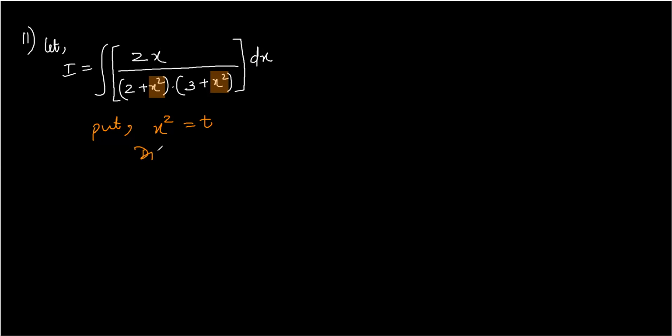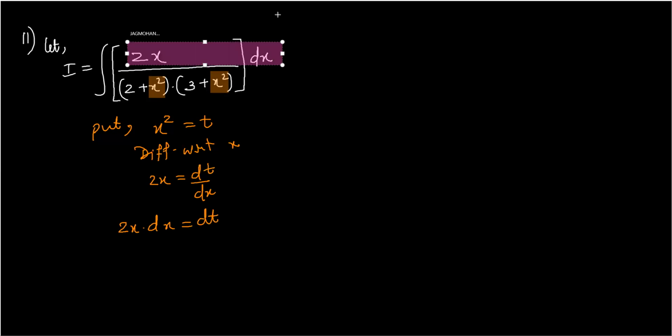So I write, differentiating with respect to x, d by dx of x square is 2x, and this is d by dx of t. So I get 2x into dx equals dt. So you can understand, this 2x dx will become dt.